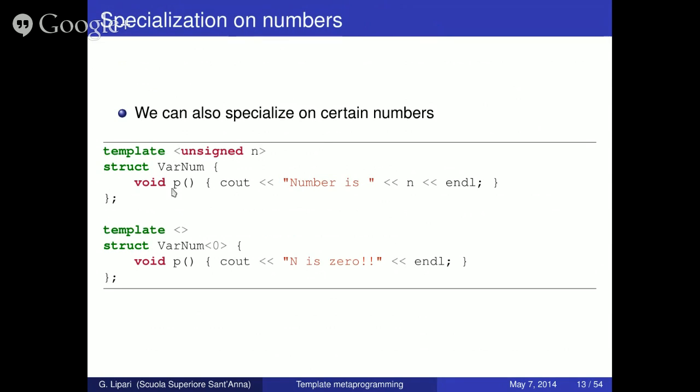You can have a var num, which contains a function p, which prints this constant n. On 0, print n is 0. So depending on what you give var num as a template parameter, if you give something different from 0, this one is going to be used. If you give 0, then this one is going to be used. And again, these are constants that should be known at compile time.